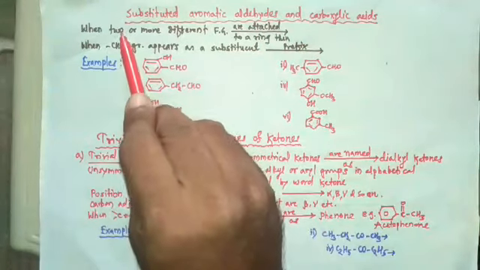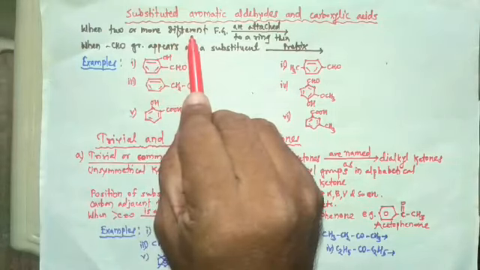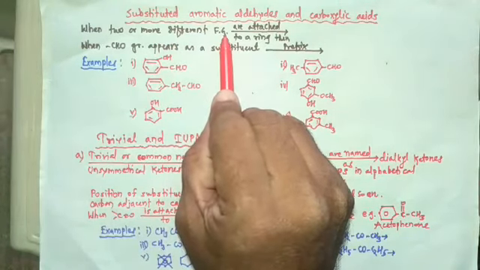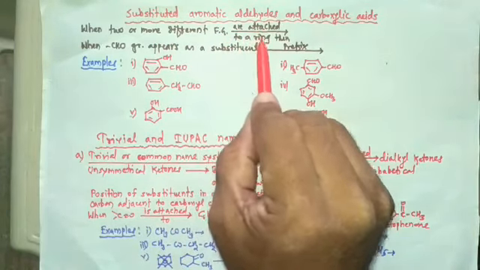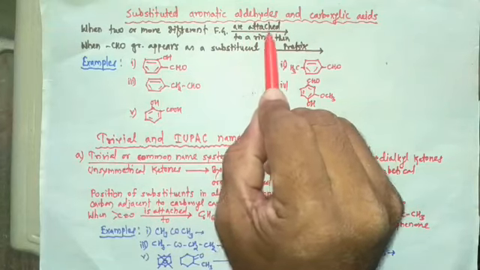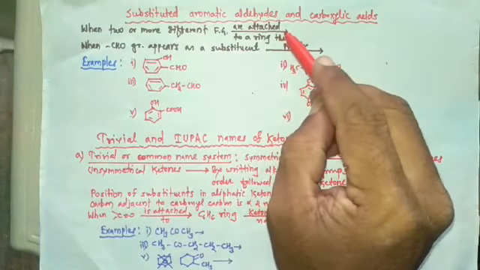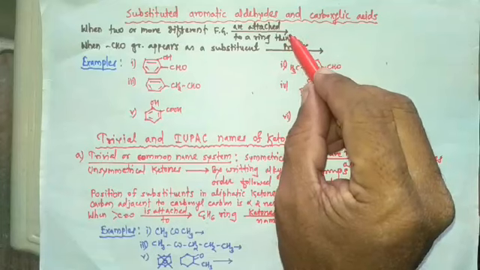When two or more different functional groups are attached to a ring, then the higher priority group is given the lower number.